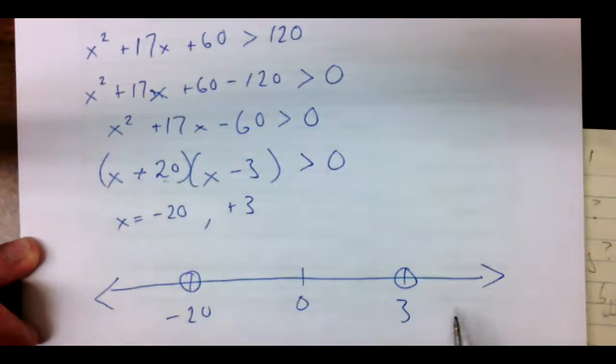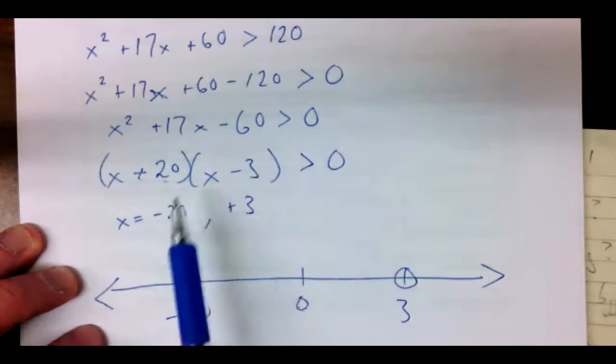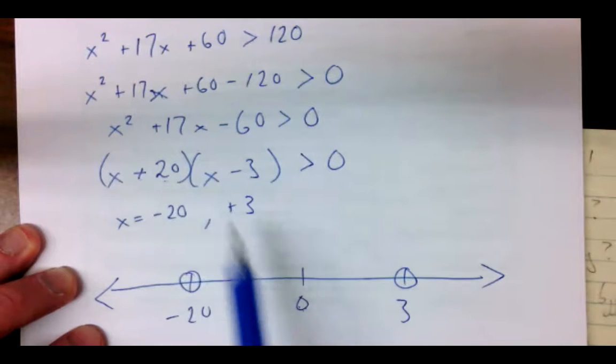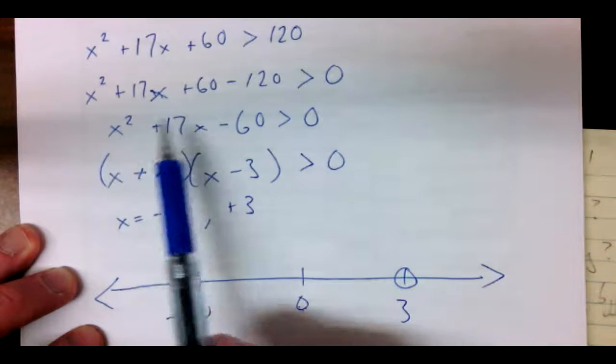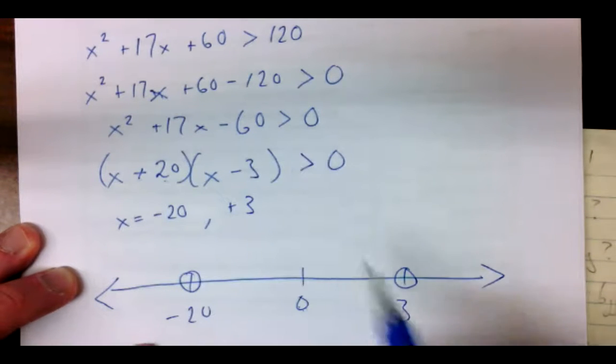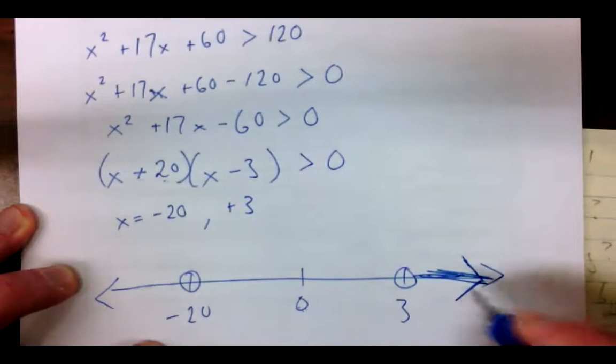I have a feeling it's going to be over here, but we can check. I'm going to plug in 0. We never had an original equation, but we can plug it in here to make sure it works. So 0, that's 0, this is 0, negative 60. Is negative 60 greater than 0? Not the last time I checked. So that means it's out here and out here.